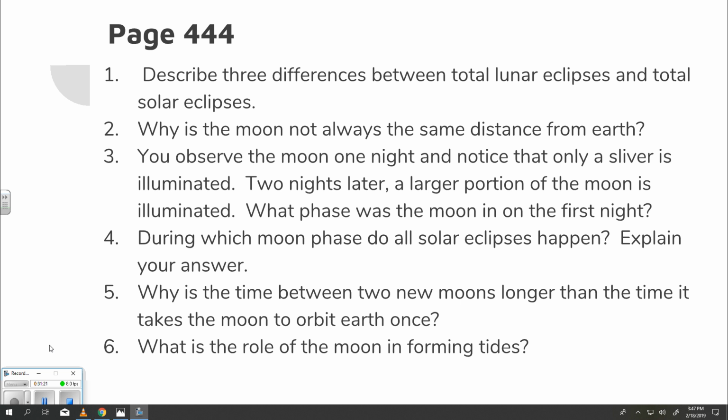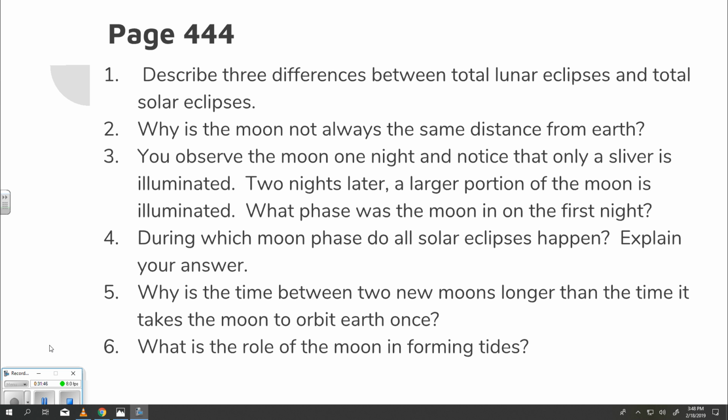Page 444. Describe 3 differences between total lunar eclipses and total solar eclipses. Why is the moon not always the same distance from the Earth? You observed the moon one night and noticed that only a sliver is illuminated. 2 nights later, a larger portion of the moon is illuminated.